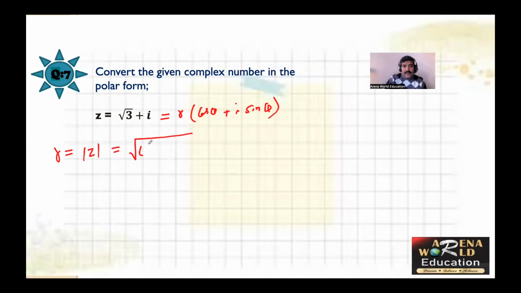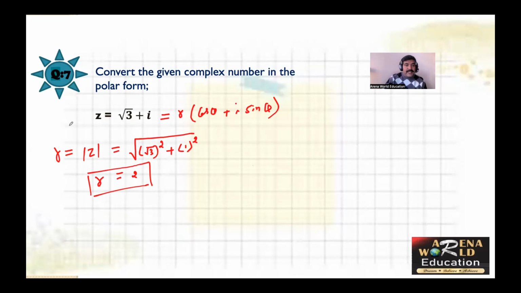And modulus Z means, yes, very good. It is simply real part is under root 3 square plus imaginary part is 1. So it is 1 square, right? So this will be 3 plus 1, 4. So directly I'm writing R is what? R is 2, right?